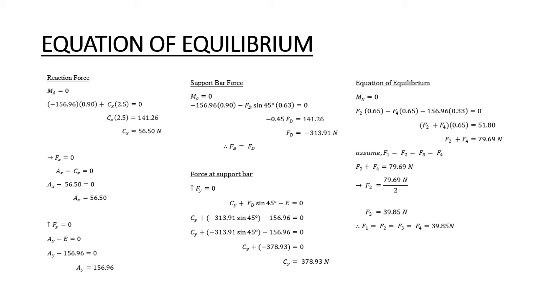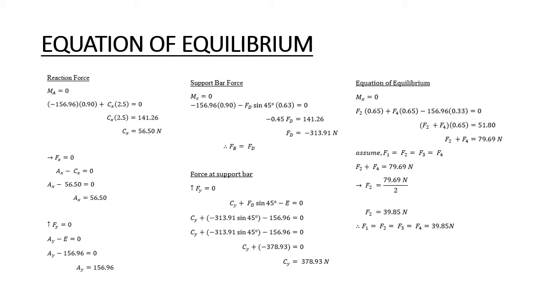As we calculate this, we can find the value of the FT, which is negative 313.91 Newton, so that we can assume that the force of B is equal to the force of D.